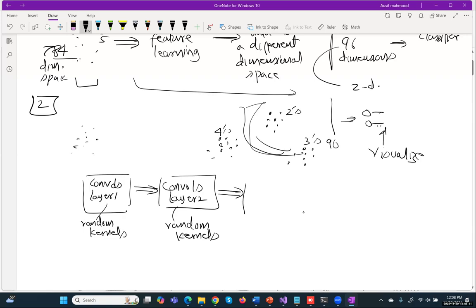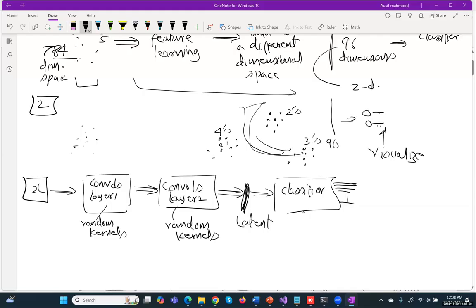Okay, we create a latent, and then we feed it to a classifier, correct? And this is our input X. Remember, whatever we feed to the classifier, whatever output it produces, we pass it to a loss function, and there's our target over here.